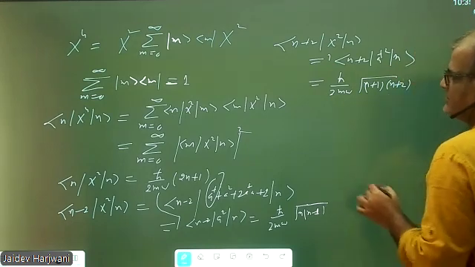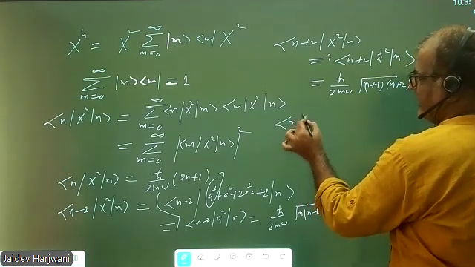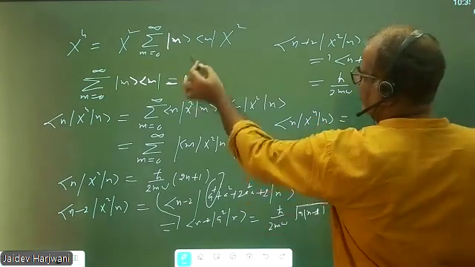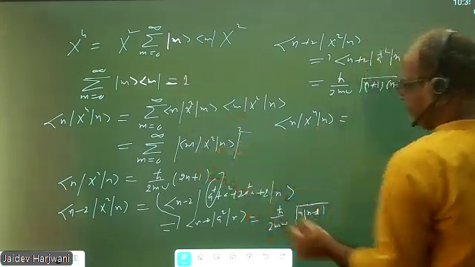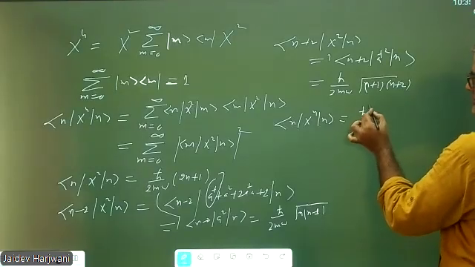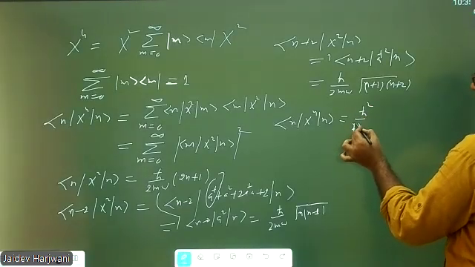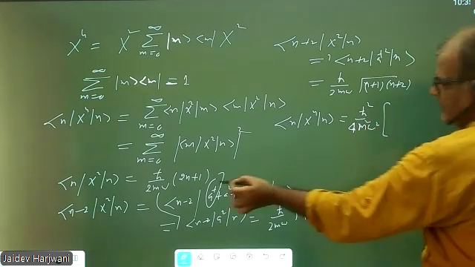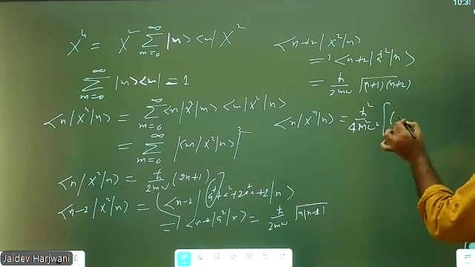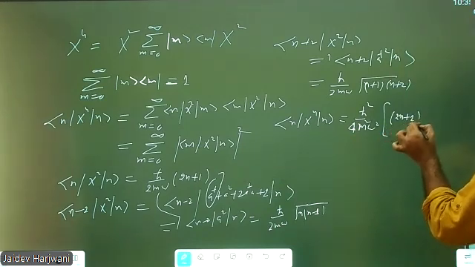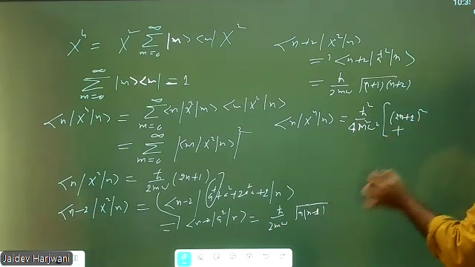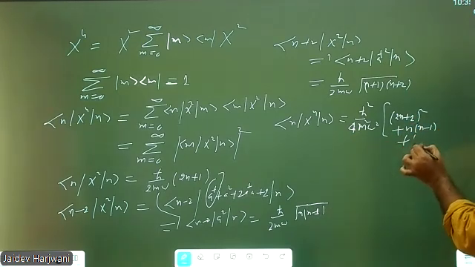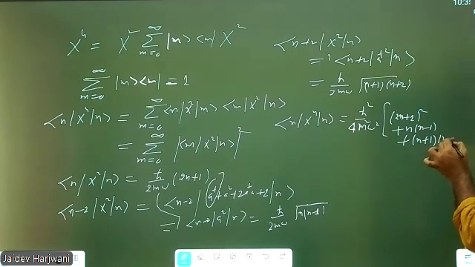So my final answer ⟨n|x⁴|n⟩ will be the modulus squared of these. That means ħ² upon 4m²ω² times the square of (2n plus 1), the square of root n times root n minus 1, and the square of root n plus 1 times root n plus 2.